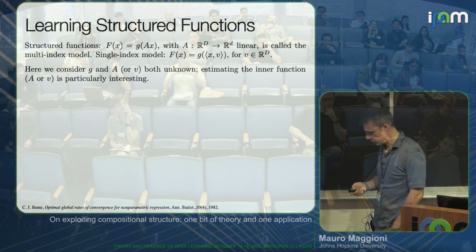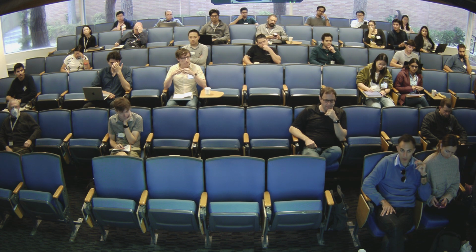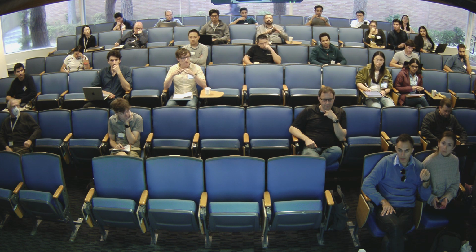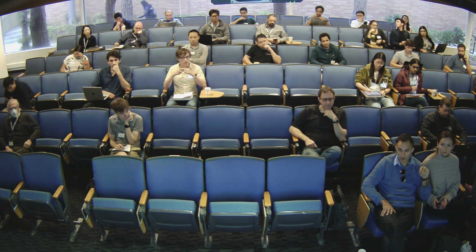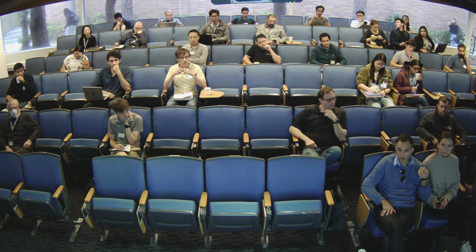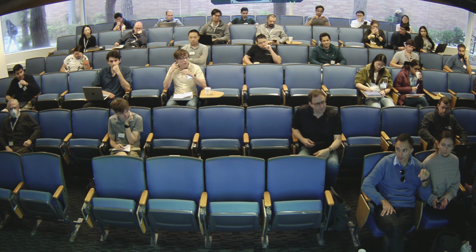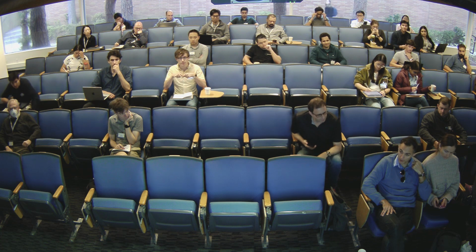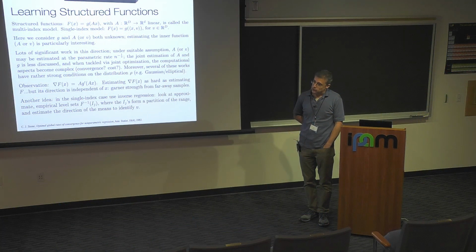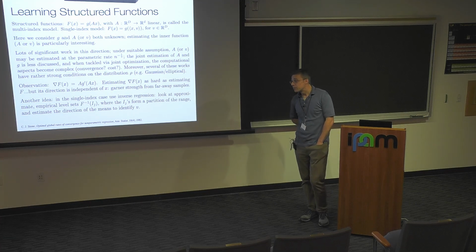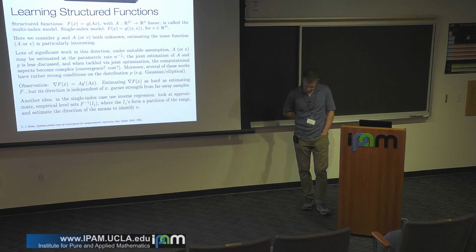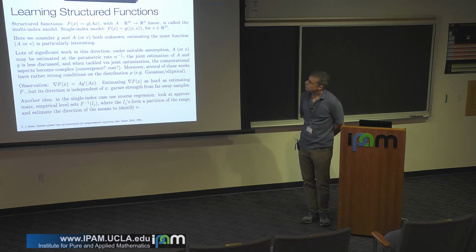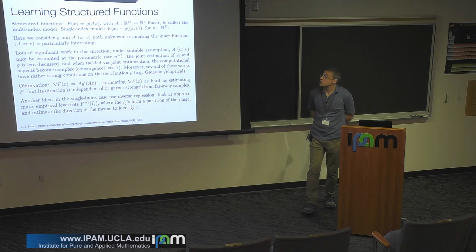Yes? Quick question. So I can imagine two setups. One, I'm going to assume the data actually are from a single index model. And the other would be I want to look at the excess risk where I'm comparing myself to single index model predictions. Yeah. The first of that feels like a classical statistical approach. Second of it feels more like a machine learning type that's very good. Yes. That's right. Which are you studying, and are both of those? No, I'm going to consider the first, the easier case.